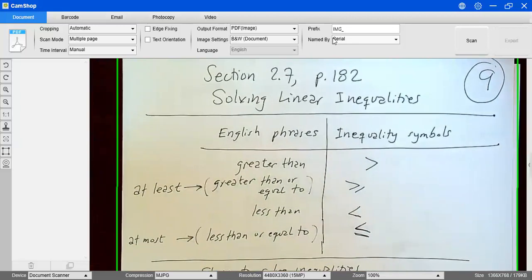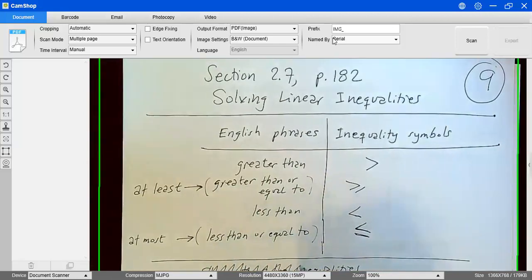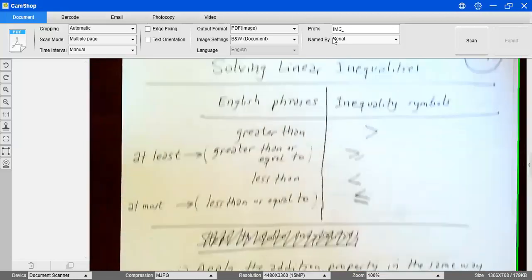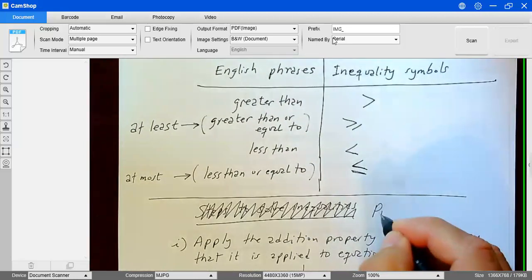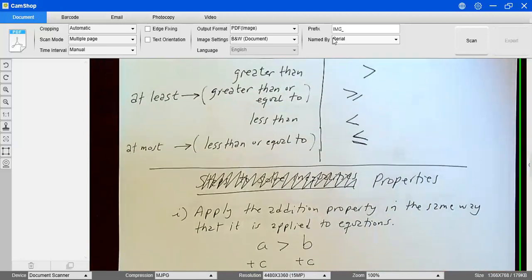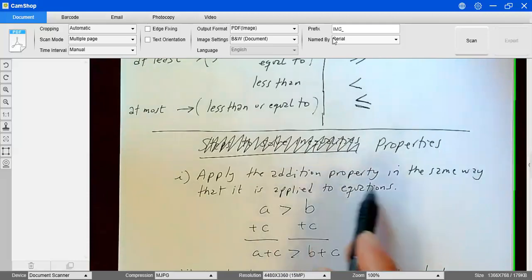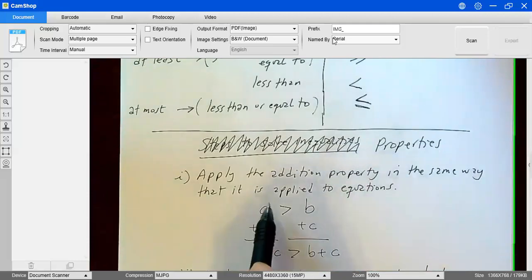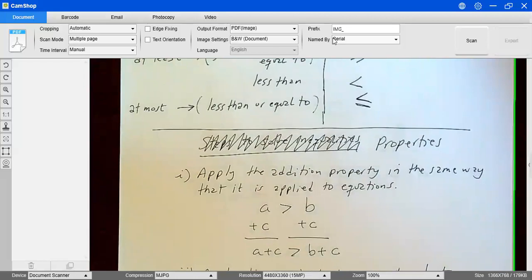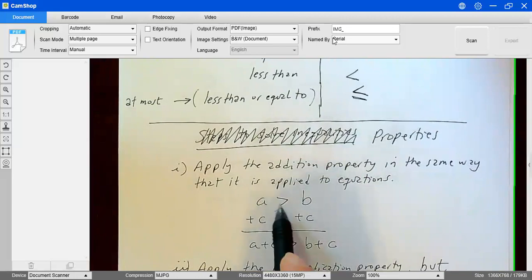So what are the properties that we're going to use? I'm going to borrow some properties that we're going to use to solve linear inequalities. We're going to use the addition property in the same way that we use the addition property when we solve linear equations. So now you have A greater than B. This is my linear inequality.